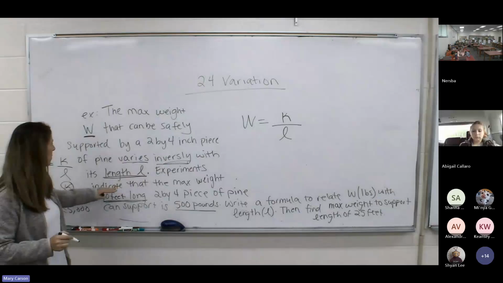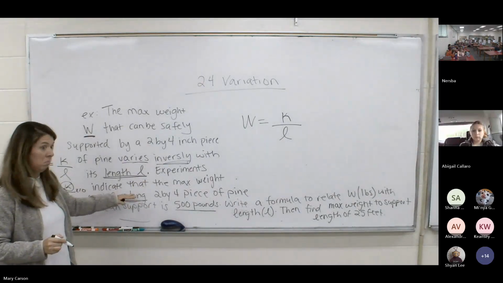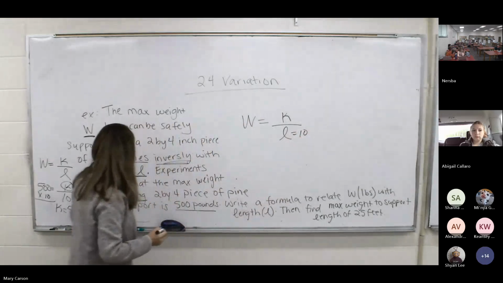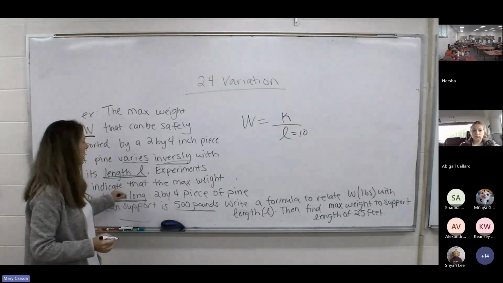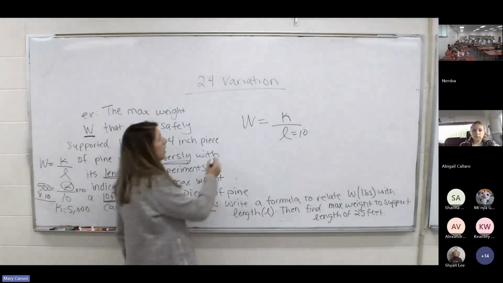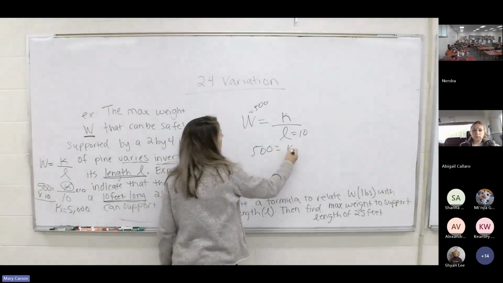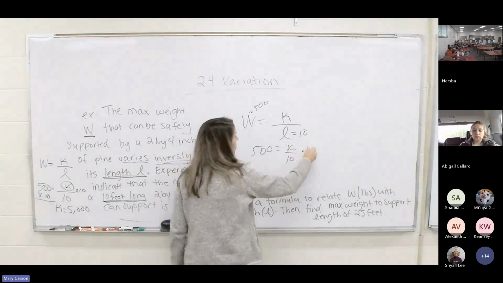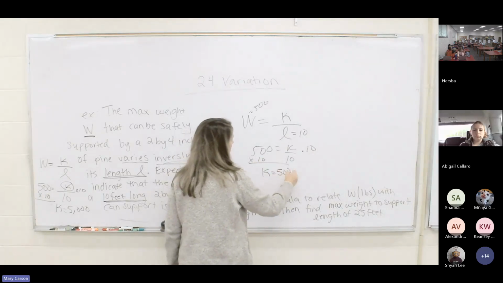Then it says experiments indicate that the max weight of a 10-foot long, so that's your L, 10, 2x4 piece of pine can support is 500 pounds. So that's going to be our W. So then we end up with 500 equals K over 10. We have to solve for K, multiply by 10. We get K is equal to 5,000.